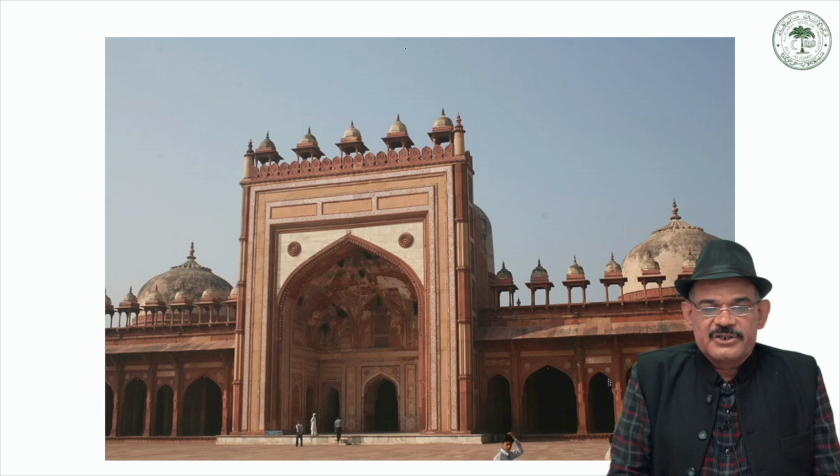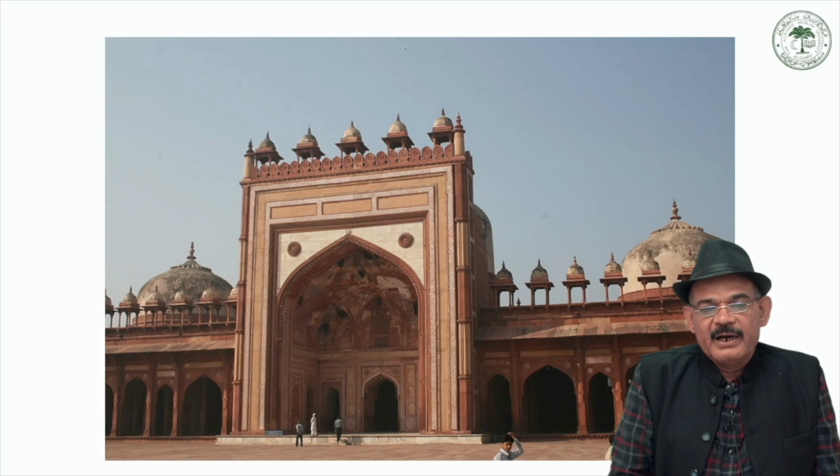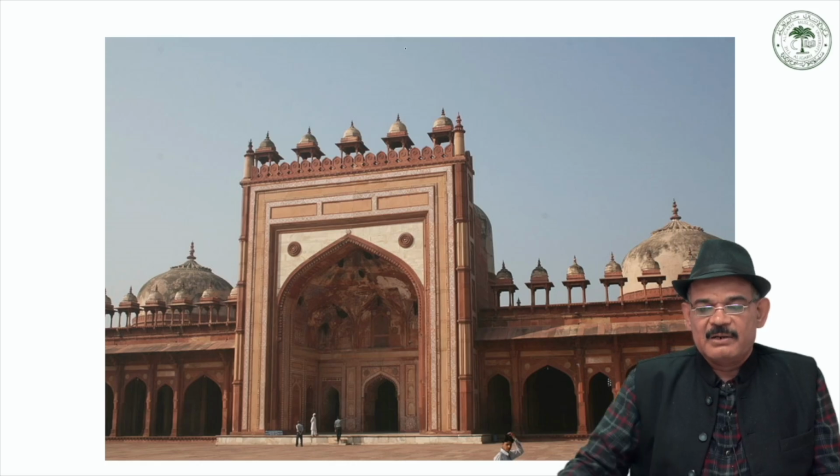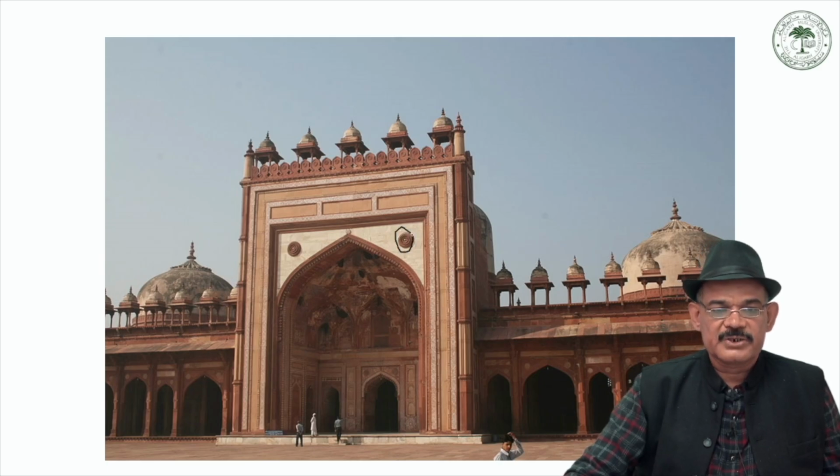This mosque is very interesting. The facade of this mosque has a great portal. This great portal is conceived in the form of a half-domed portal and a bigger arch. The fringes of the arch are decorated with birds, and its spandrels are inlaid with white marble, and the spandrels have a flowing lotus.